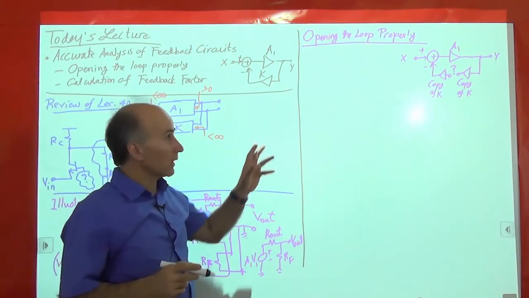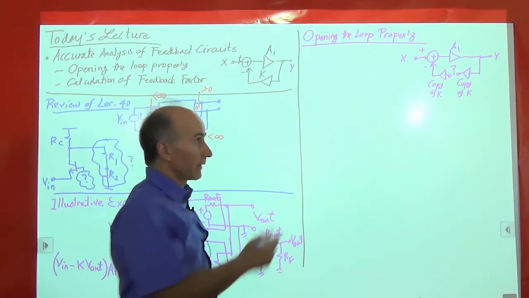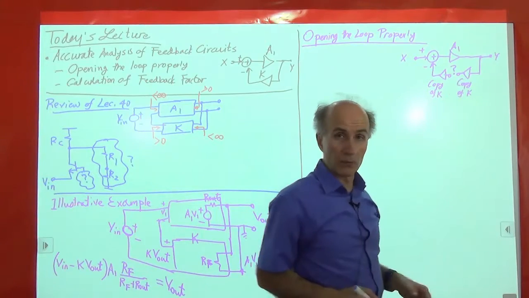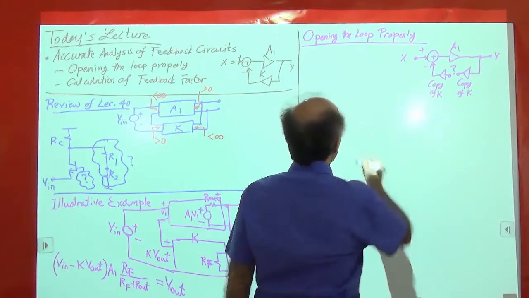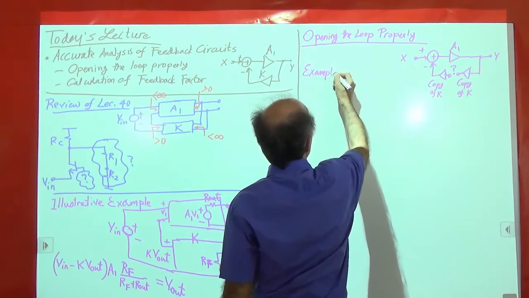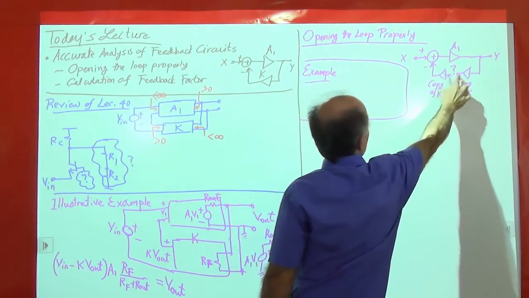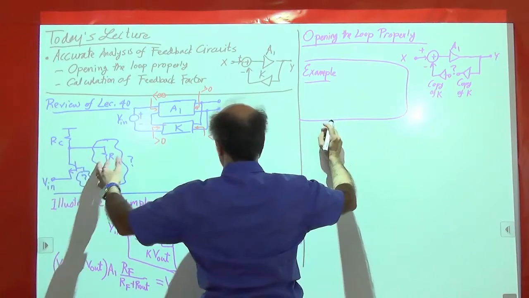Okay, so we have to answer all these things, right? So let me just quickly show you how I make a copy of K as an example, and then we go and figure out the rules for these two nodes. Should they be grounded? Should they be left open? And so on. All right, so here's a quick example before we go there. So this is really a separate example in a box, just to get used to this idea. So let's take anything that we have. For example, this one.